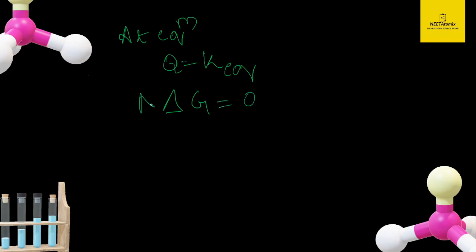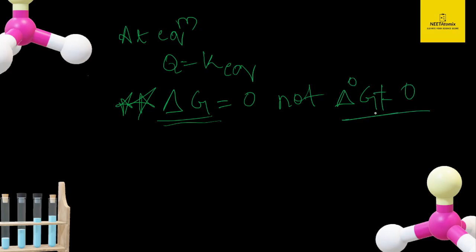Here many students get confused. Delta G, which is the Gibbs free energy, and not standard Gibbs free energy, is equal to 0 at equilibrium, but delta G naught is not equal to 0.